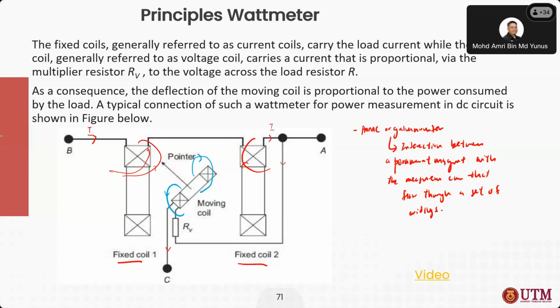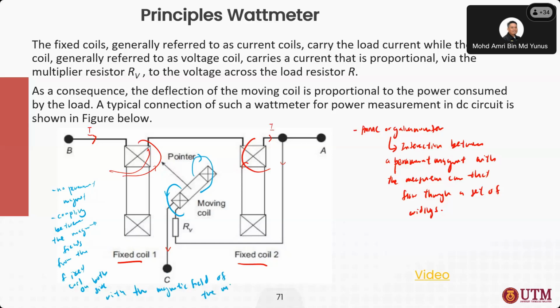So we can say that for wattmeter there is no permanent magnet, and then coupling between the magnetic fields from the fixed coils on both sides with the magnetic field of the moving coil.